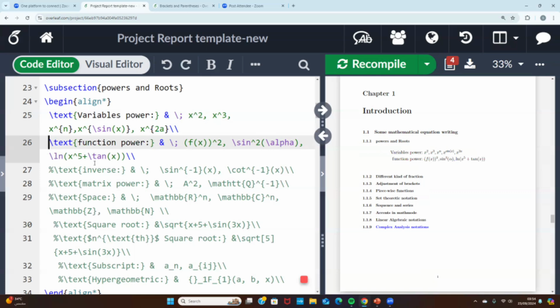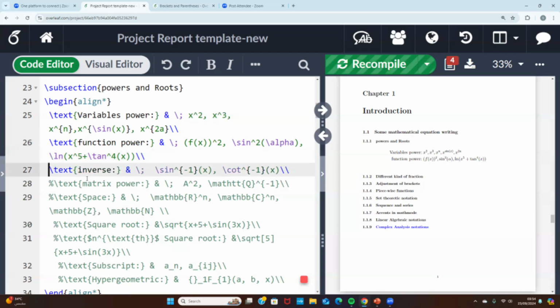Now inside the expressions of the function, you can write it like this. For example, ln x to the power 5, tan x. Now if you want a tan power, let's say 10 to the power 4. So this gives us the powers inside the functions or the functions' power.